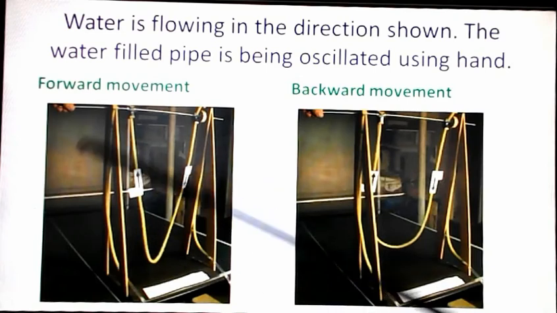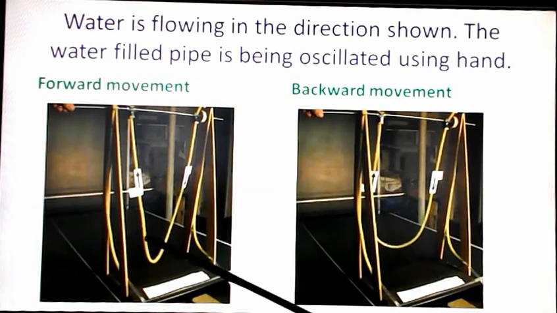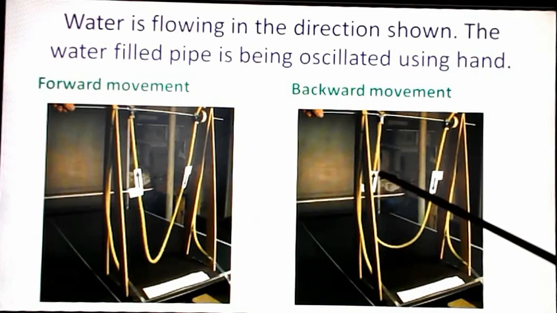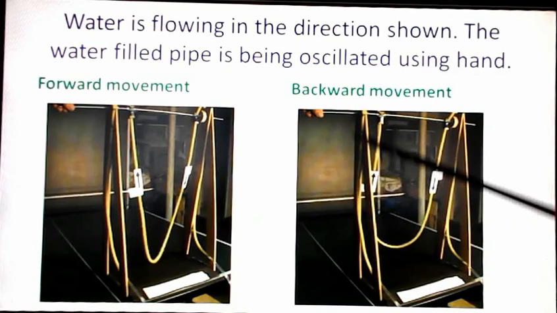So thereby there is a lagging and leading motion of the pipe, because of which a twist has taken place. This twist angle is proportional to the mass flow. The opposite shall happen in the case of backward movement. So in the case of backward movement, the Coriolis force in this arm shall be acting in the forward direction, and in this portion of the pipe the Coriolis force shall be acting backwards.